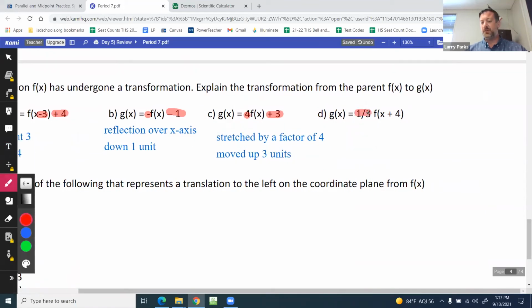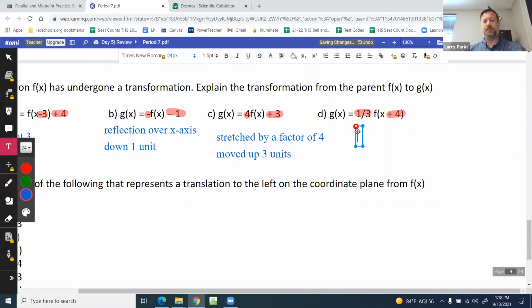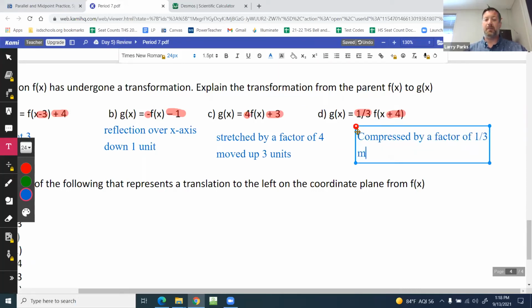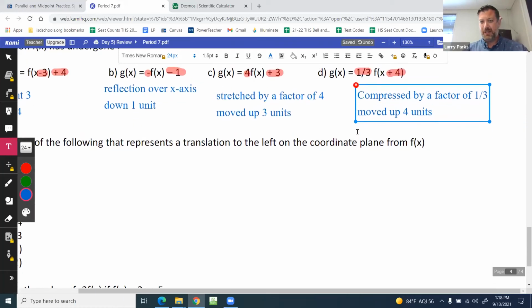1/3, any number between 0 and 1, not including 0 or 1, does what's called a compression. So this is going to be compressed, and this is going to move it to the left. So compressed by a factor of 1/3, moved up 4 units. Oh, not up, I almost made a mistake.